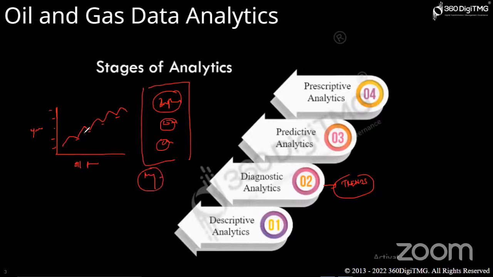Based on this, if you take any values, such as production or pricing, we can see some fluctuations in data. These fluctuations are observed in the case of descriptive analytics.